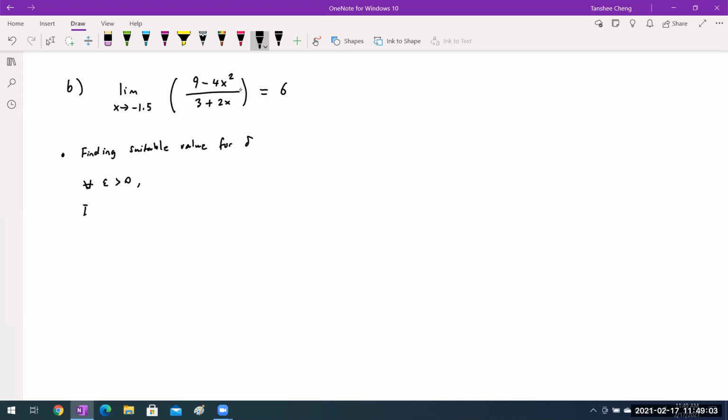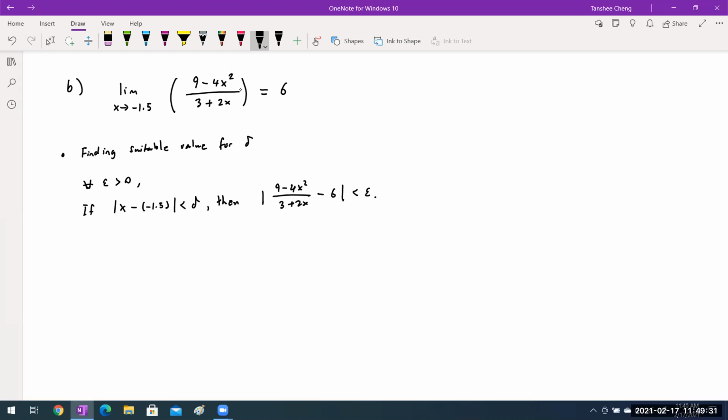Then we have: if the absolute value of x minus the limit, negative 1.5, is less than delta, then the absolute value of the function, which is 9 minus 4x squared over 3 plus 2x, minus the limit, must be less than what? Epsilon. That's the definition statement.